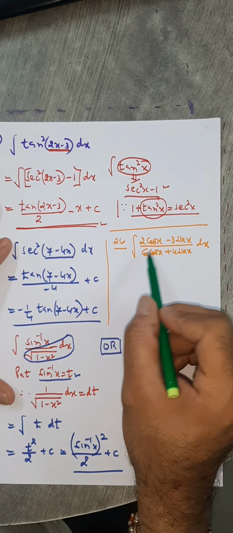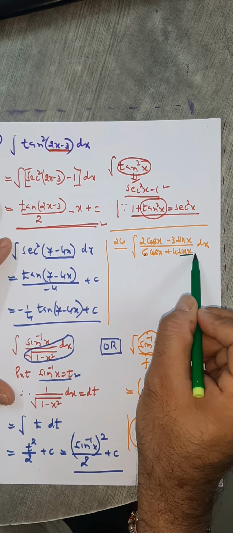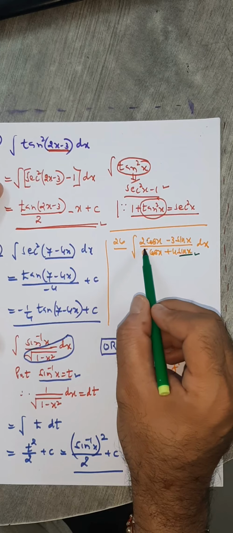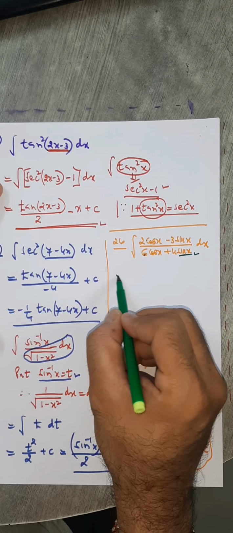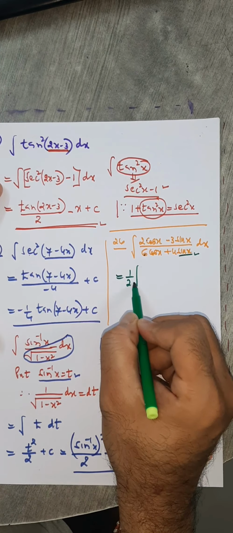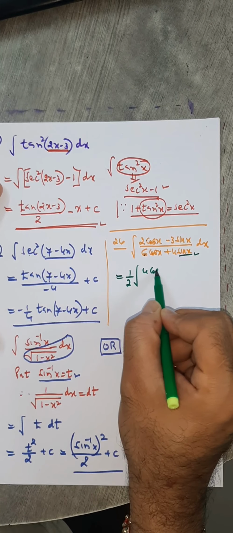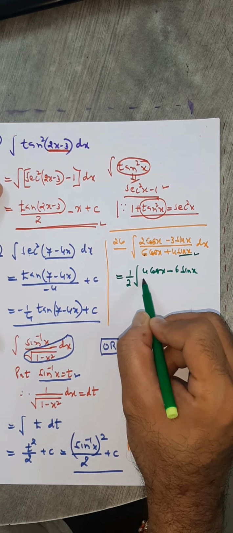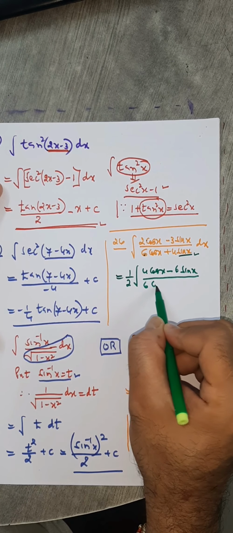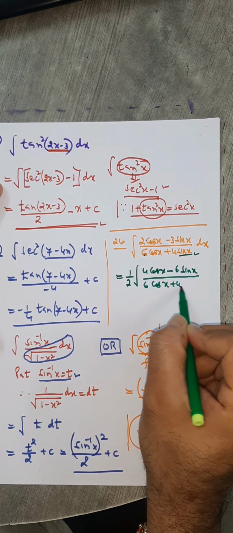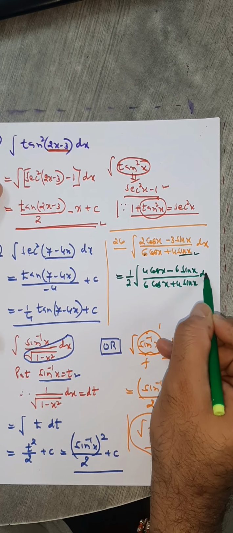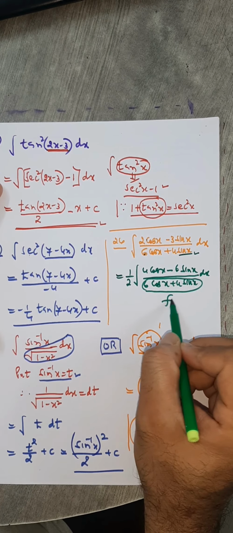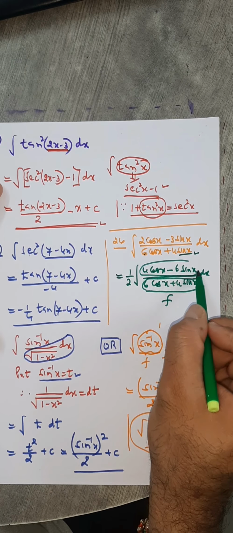Minus sine, it is here. Forget about the constant. What's the derivative of sine? Which is cos. So if I multiply and divide by 2, for example, then you will realize, this is 4 cosine x minus 6 sine x. Why I did it, you will see, just wait for a moment. You will notice it is one of the standard formulas. Now imagine this is like f, then this becomes f dash, you can see.